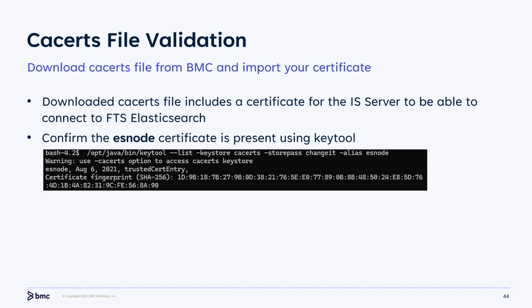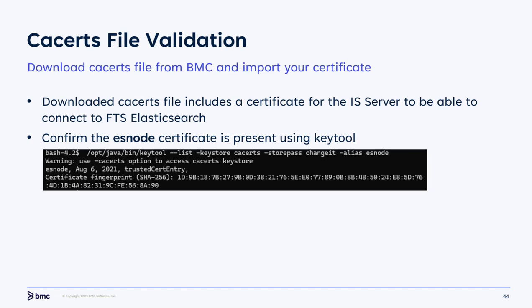The Helix Innovation Suite IS server uses an Elasticsearch service running in the Helix platform as its data source for indexing and searching full text search information, and that is a secured connection. And for that to work, you must have this out-of-the-box CA certs file downloaded from BMC that has this specific ES node certificate in it, and it's this file that you add your own certificates to.